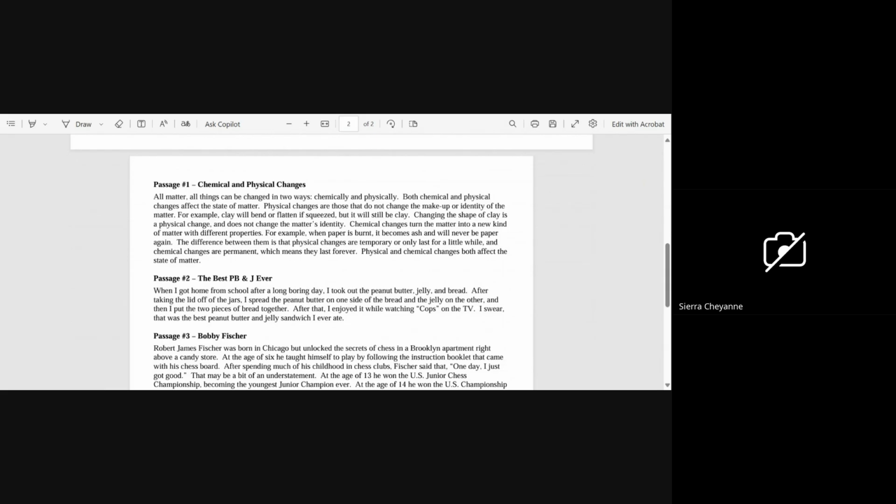Chemical changes turn the matter into a new kind of matter with different properties. For example, when paper is burnt, it becomes ash and will never be paper again. The difference between them is that physical changes are temporary or only last for a little while, but the chemical changes are permanent, which means they will last forever. Physical and chemical changes both affect the state of matter.